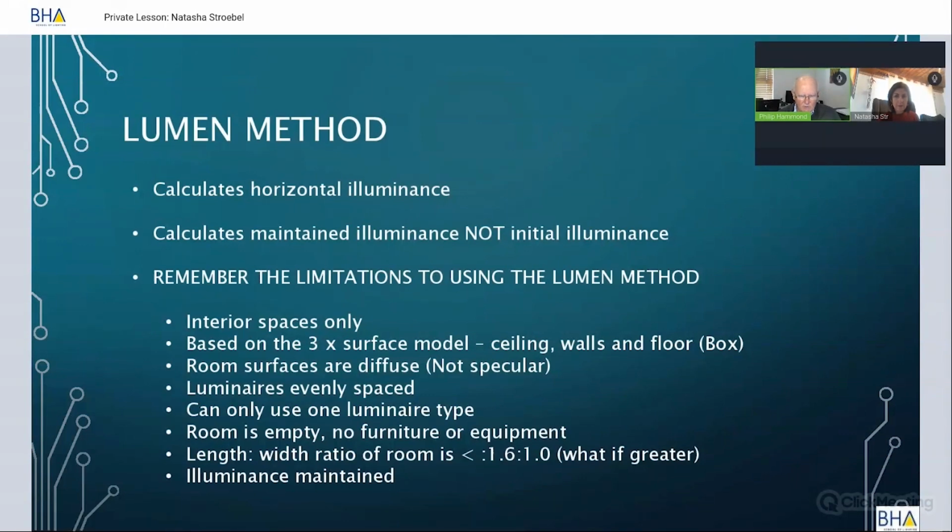And I'll tell you how we do that. And of course, I said to you, the illuminance is maintained, so it'll be across the surface. It's the same maintained light, which, if we were using software, is not the way we want to design. But we don't have an option with the Lumen method. Okay, so let's just go over some points here.